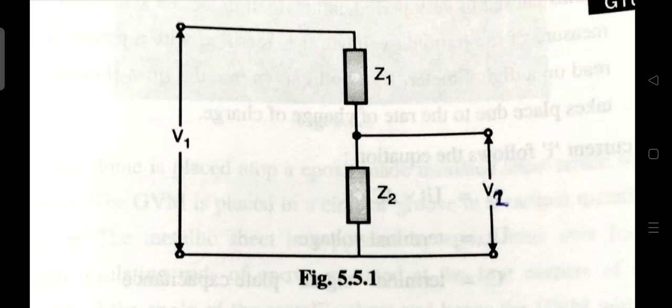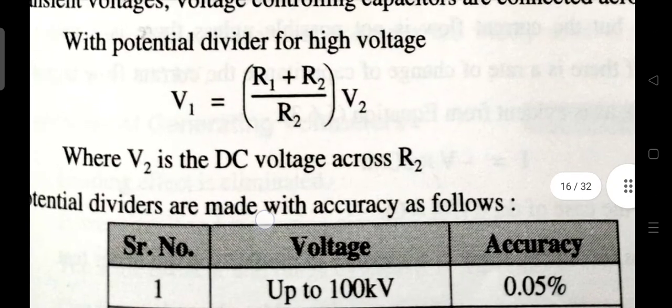To avoid such transient voltages, voltage controlling capacitors are connected across the elements. So with a potential divider for high voltage, we can say V1 equal to V2 into (R1 plus R2) divided by R2. This is the formula.